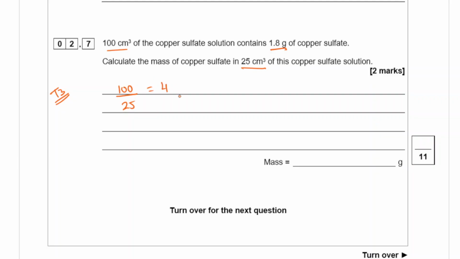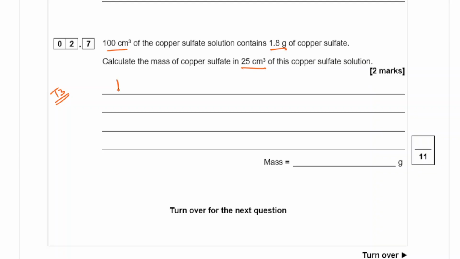Now, in 100 centimeter cube, you will have 4 25 centimeter cubes. I'm trying to explain it while I'm trying to do this, which is actually the incorrect way. Let me start again. Actually, let me do it the other way around.